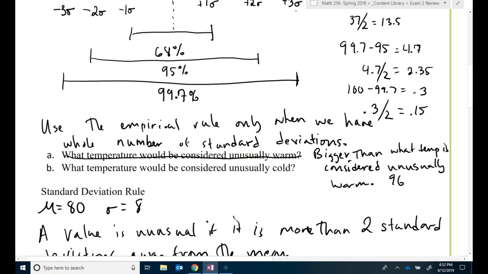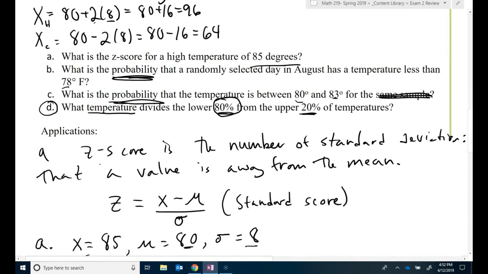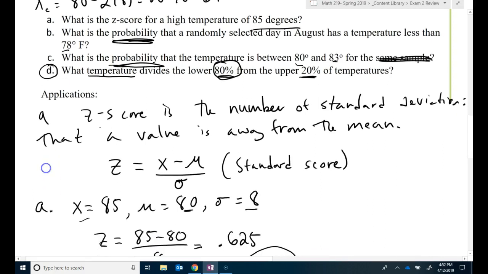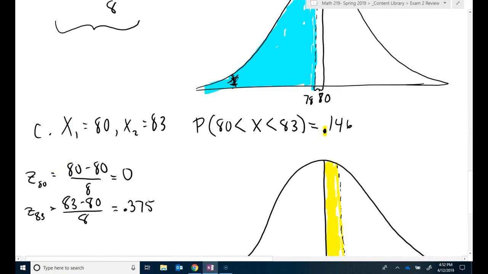Basically all you need to do is show that in fact that value is more than 2 standard deviations away from the mean. And then finally, with applications, we need to be able to find z-scores, we need to be able to draw pictures of the distribution, and we need to be able to find probabilities of temperature ranges, or find values of the random variable when we are given percentages, right? So that's everything that you need to know in terms of the normal distribution. Okay, I hope this helps.